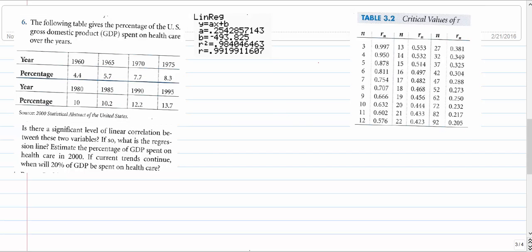Okay. So if it is in the AX plus B form, my linear regression is y equals 0.254 x, where x is time, minus 493.825. So this is my regression line. So A and B, I plug those in.